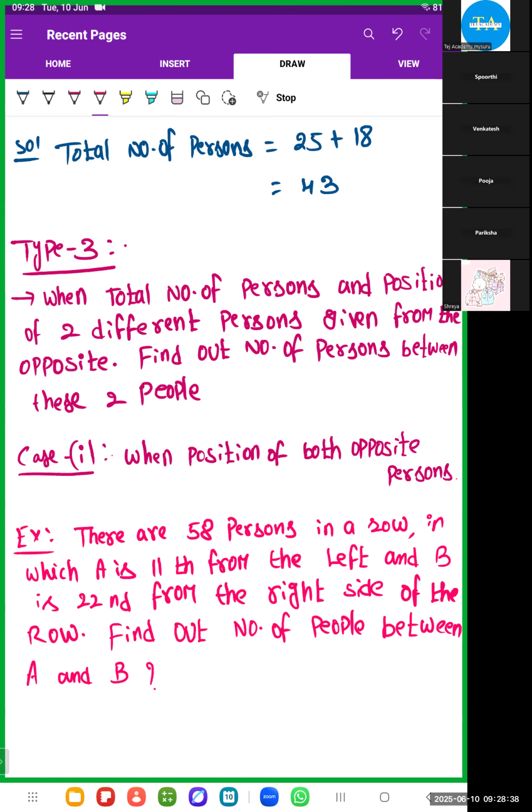Okay, so here the formula is not given. Let us write the formula. Please note the formula here.